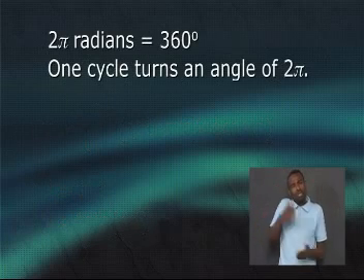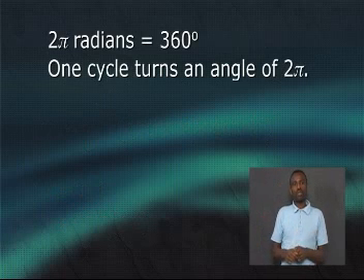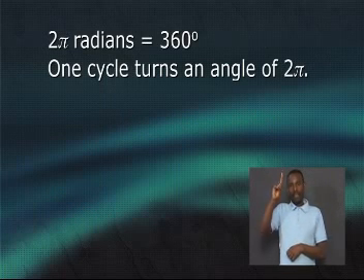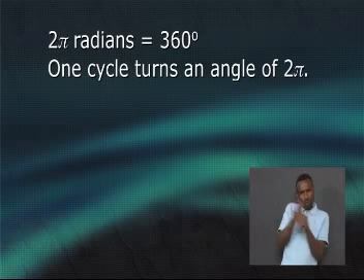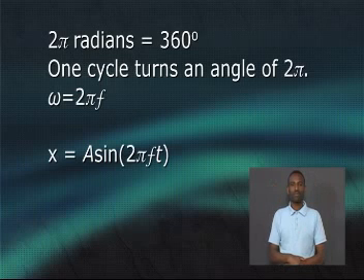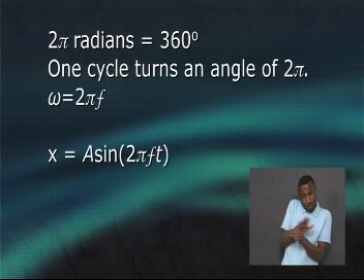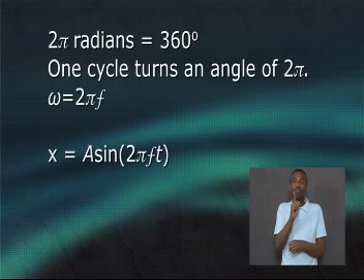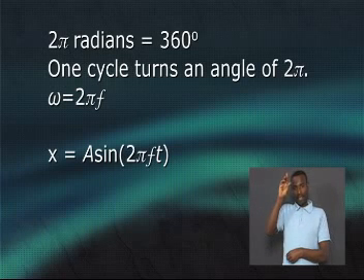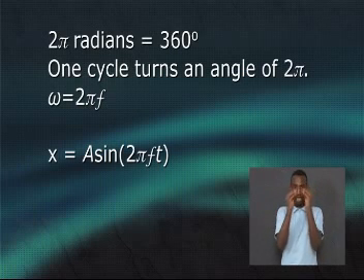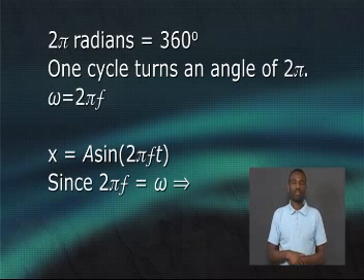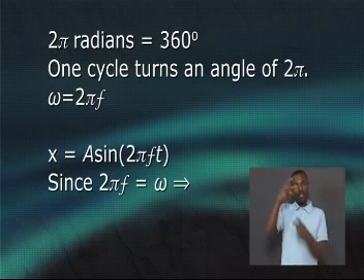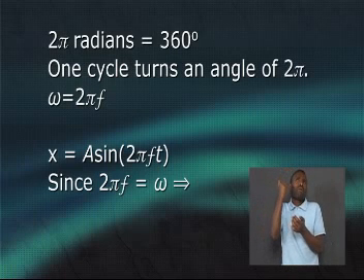You probably recall, students, that 2 pi radians is equal to 360 degrees, or in this case, 1 complete oscillation. Thus, 1 complete cycle turns an angle of 2 pi, and the angular frequency can be calculated by 2 pi times frequency. 2 pi times frequency appeared in our previous equation for displacement.